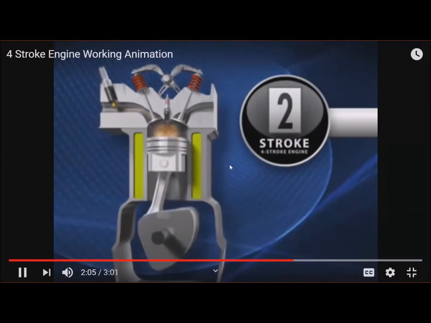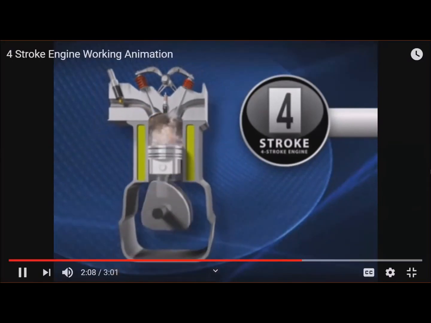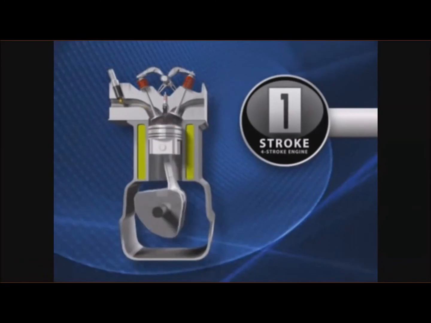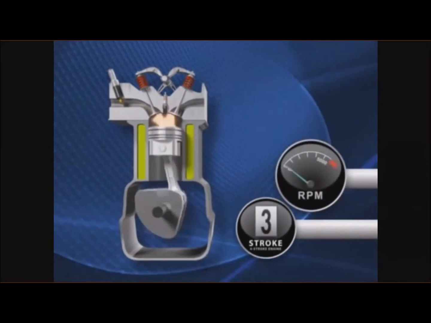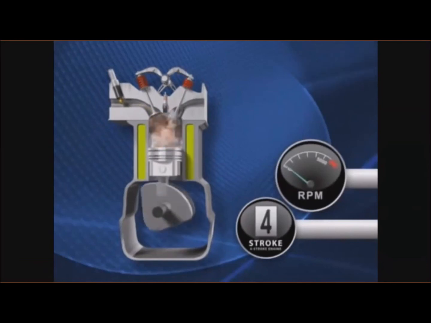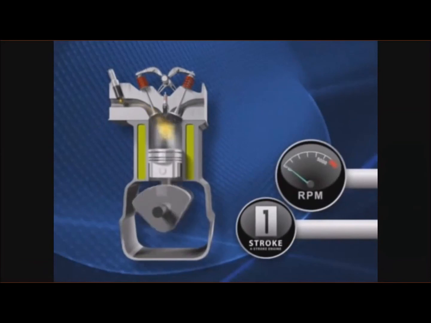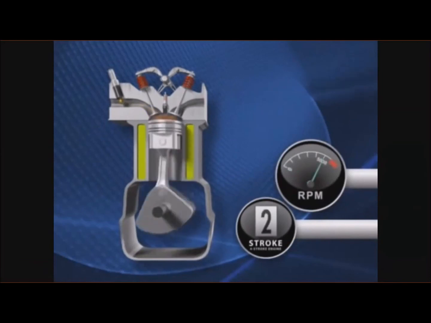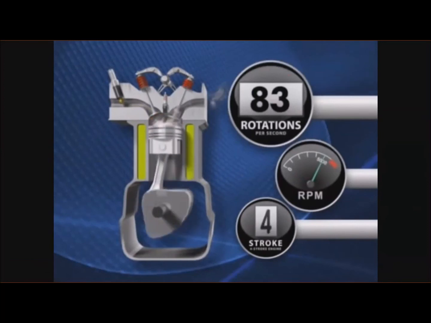It takes 1 up and down motion, or 2 strokes of the piston, to create 1 revolution of the crankshaft. RPMs, or revolutions per minute, is how many times the crankshaft rotates within that minute. At wide open throttle, the crankshaft may turn at 5,000 RPMs, or a dizzyingly 83 times per second.